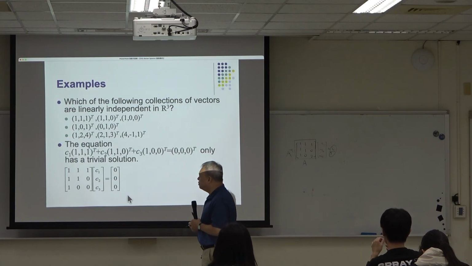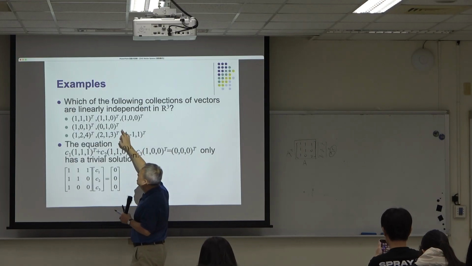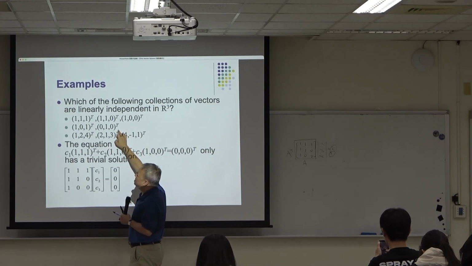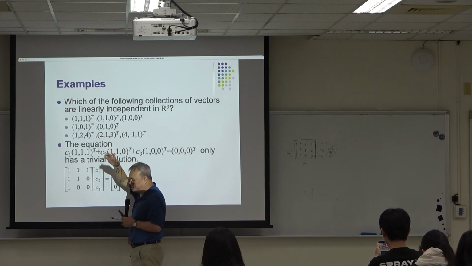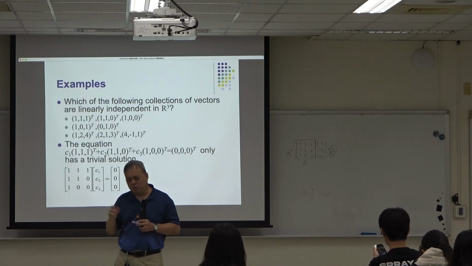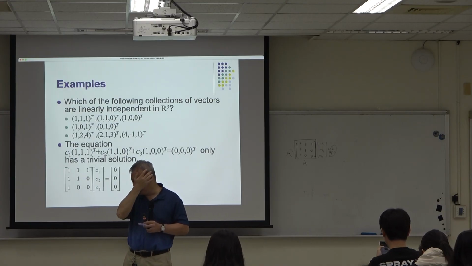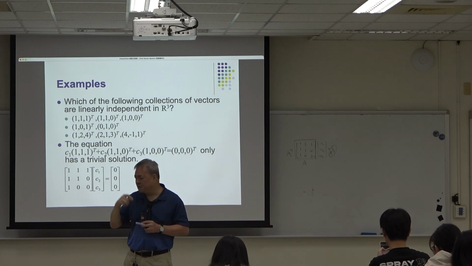So in other words, there's only one solution. So this is linearly independent. There are two vectors, and they are linearly independent. You just need to solve this, and you will find that alpha 1, alpha 2 are fixed to be 0, 0.